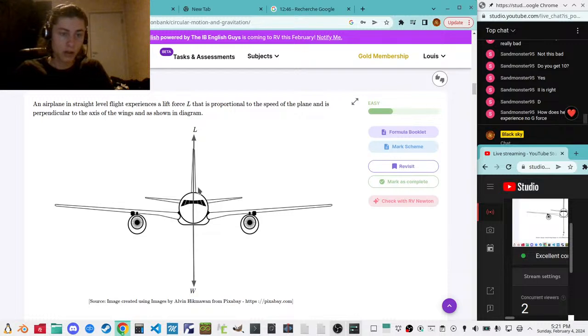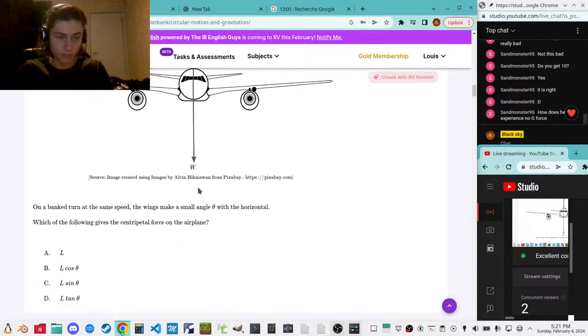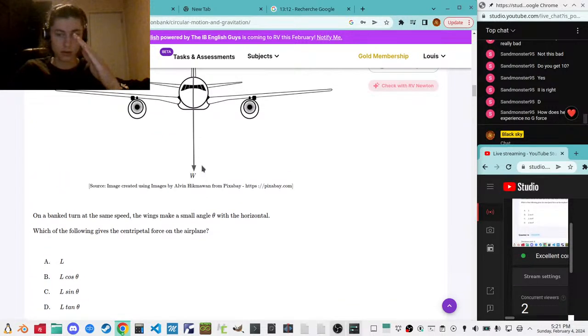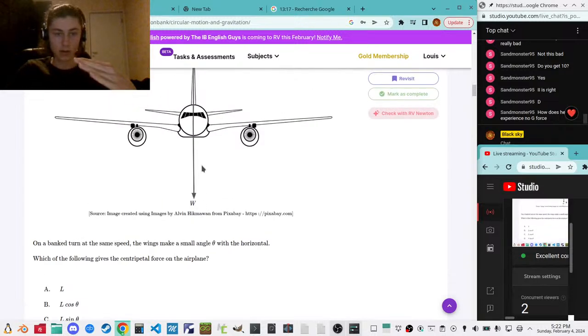An airplane in straight level flight experiences a lift force L that is proportional to the speed of the plane and is perpendicular to the axis of the wings on the tail. On a banked turn at the same speed, the wings make a small angle to the horizontal. Which of these following gives the centripetal force on the airplane? Do you just resolve L?